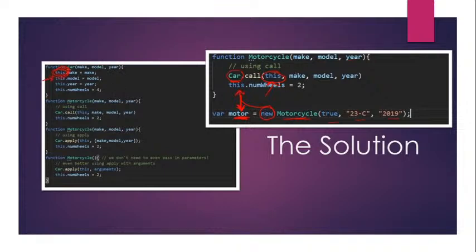So what we did is we call the car constructor, but with the reference of this changed, the keyword this being different than it was before. Before, without the call method, this was referring to the object which was created by the car constructor, but now this keyword right here is set as motor with the help of the new keyword right here, okay.